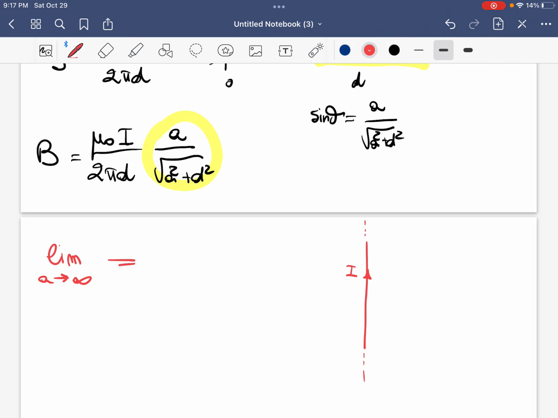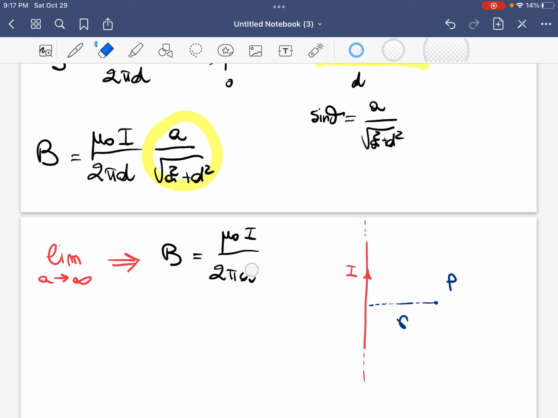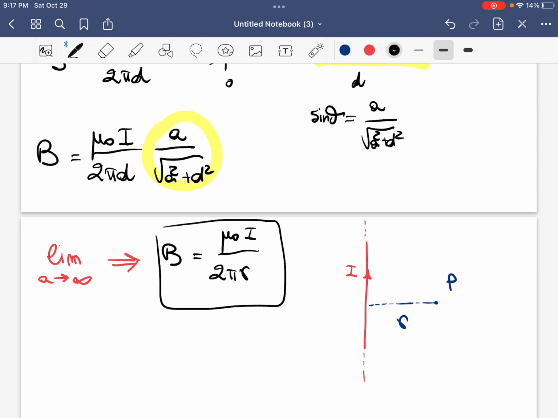So I will obtain that the magnetic field B for an infinite wire is mu 0 times I divided by 2 pi times the distance. Often this distance to the point P, instead of being called d, is called r. So often you will see that in this equation you have r, and that is Biot and Savart for a long wire.